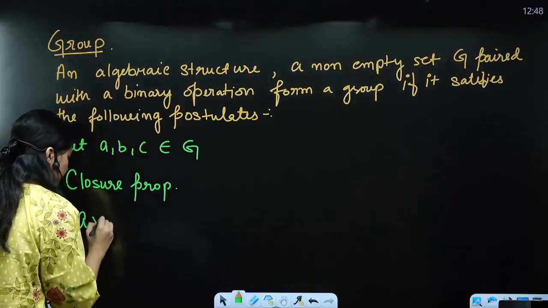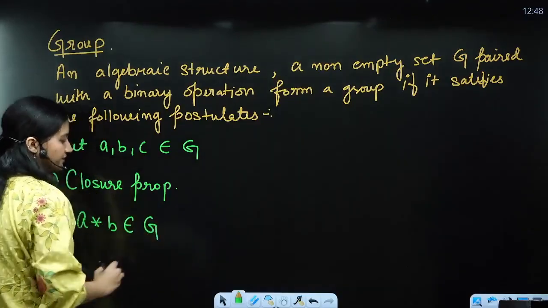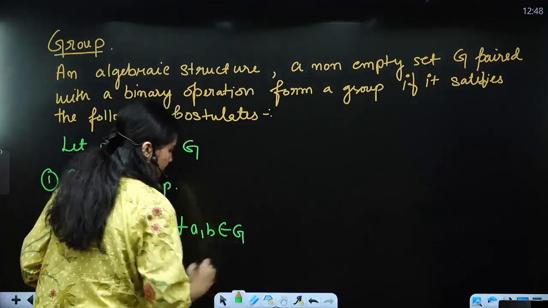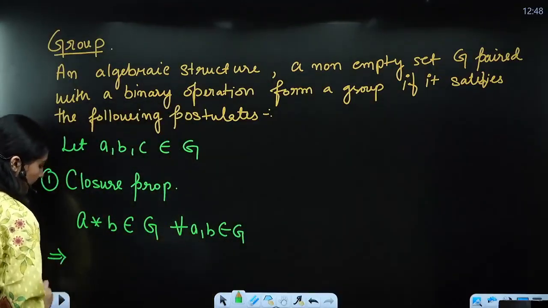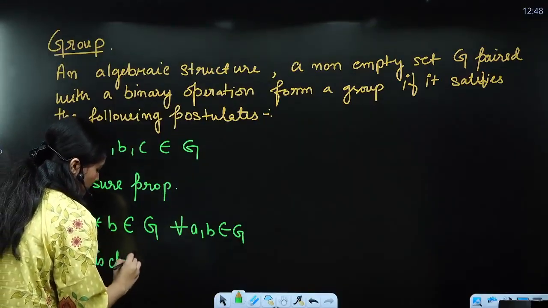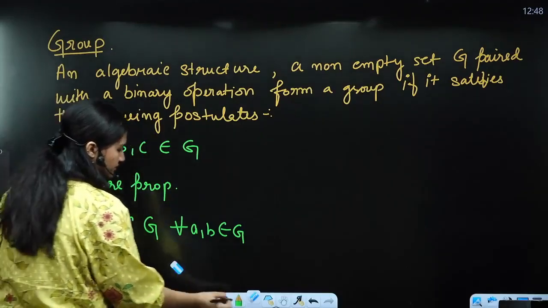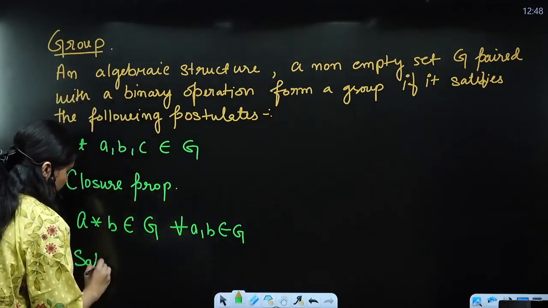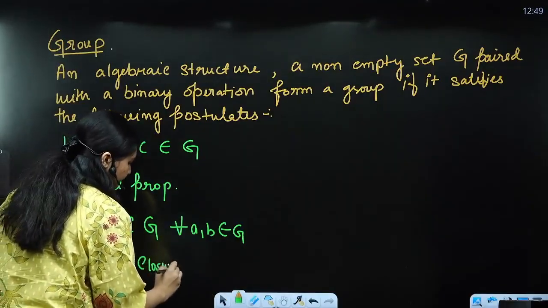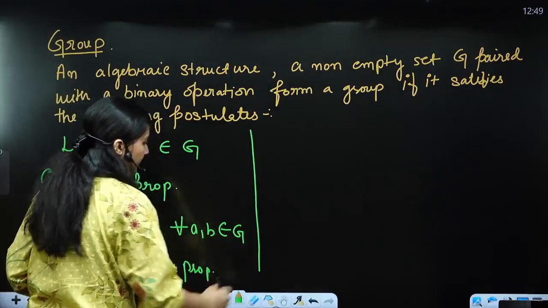Now, A star B always should belong to G, and this should be true for all A, B belongs to G. Then we can say that star is closed, or you should say, just write, satisfies closure property, right?